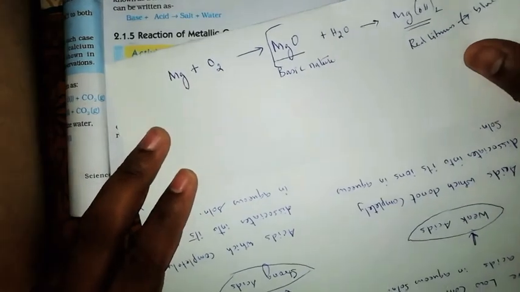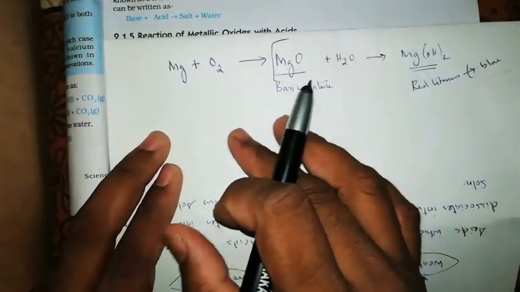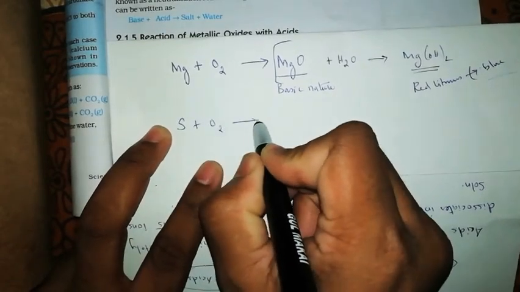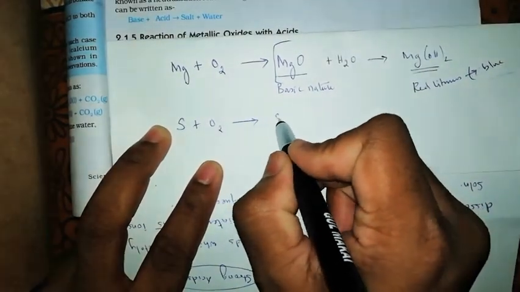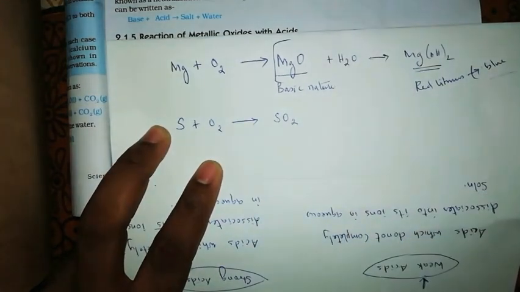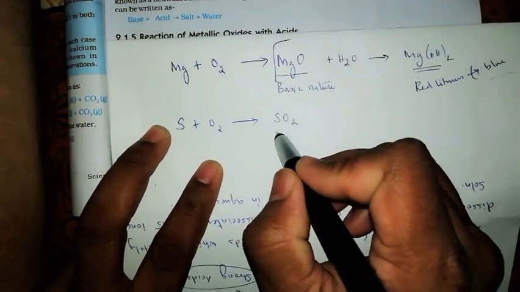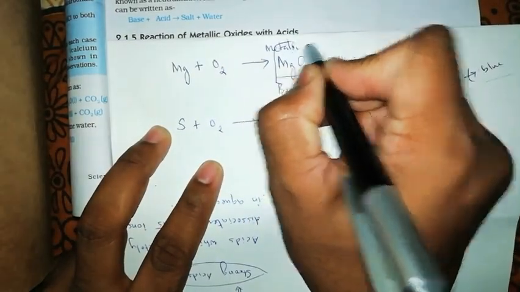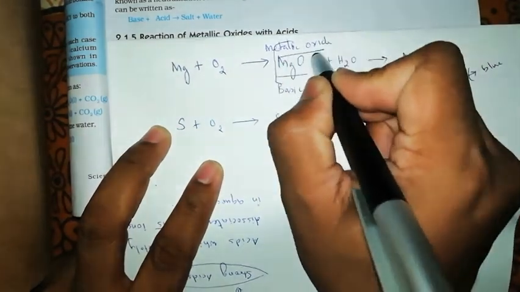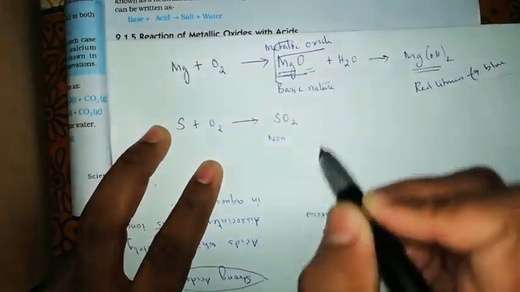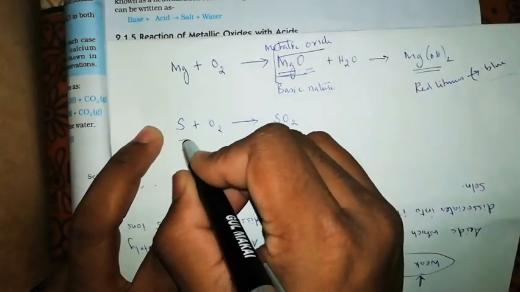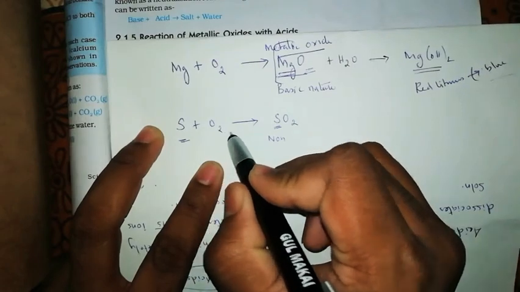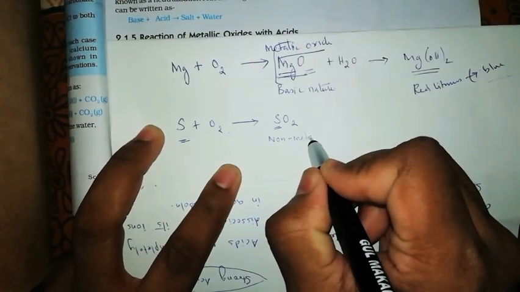Okay, another thing I want to tell you, even in the same class we learned that when sulfur reacts with oxygen, or when sulfur is burnt, it gives sulfur dioxide. Sulfur is a non-metal, and when a non-metal is burned with oxygen, it gives a non-metallic oxide.